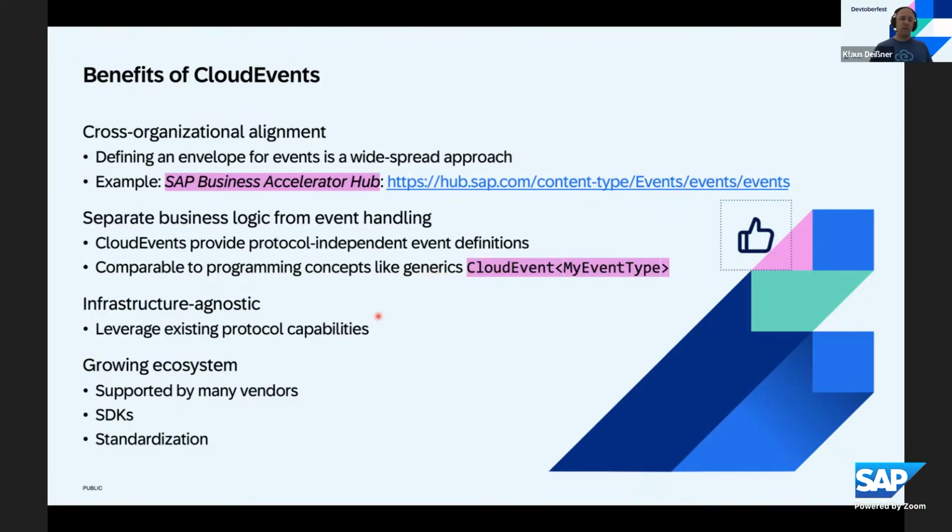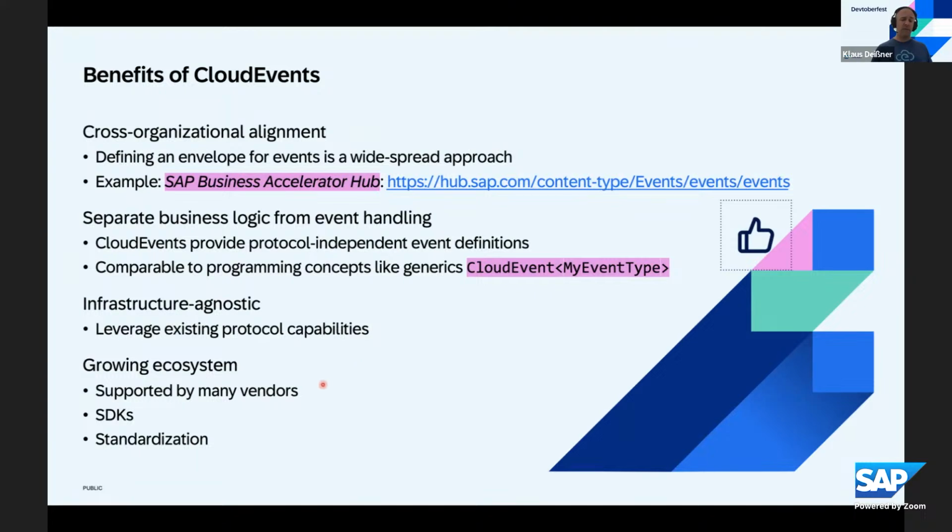It's infrastructure agnostic, so you don't have to replace all your proxies or existing message brokers, at least for those where the protocol is supported, like for example AMQP. You can even mix Cloud Events with normal messaging or plain HTTP and things like this. That was one of the important design goals also for Cloud Events.